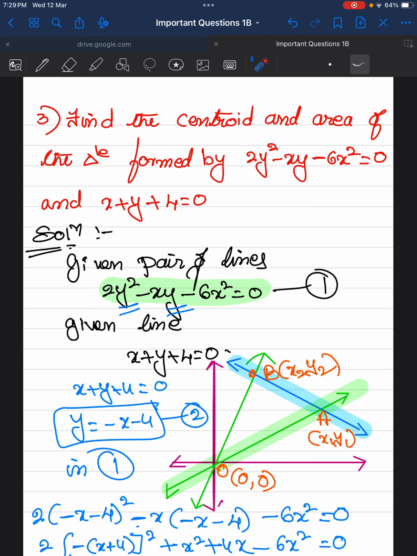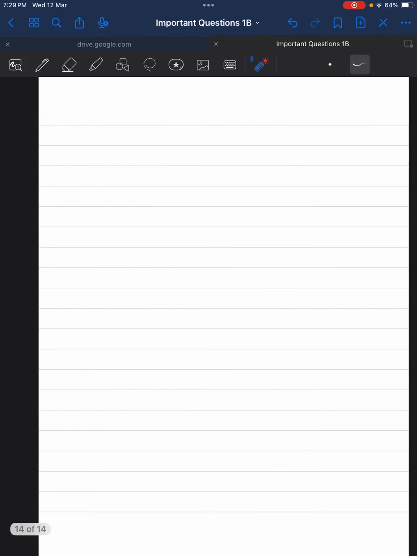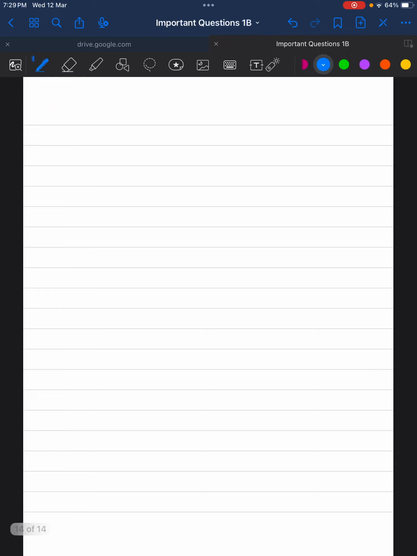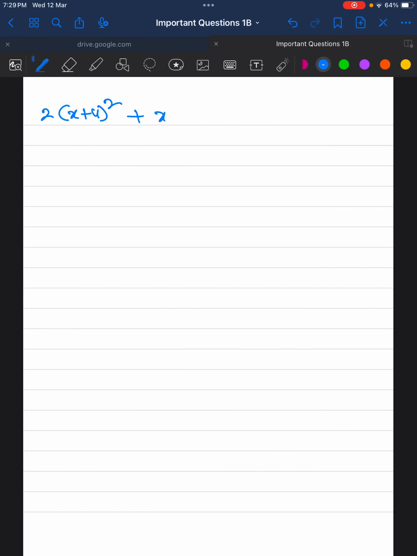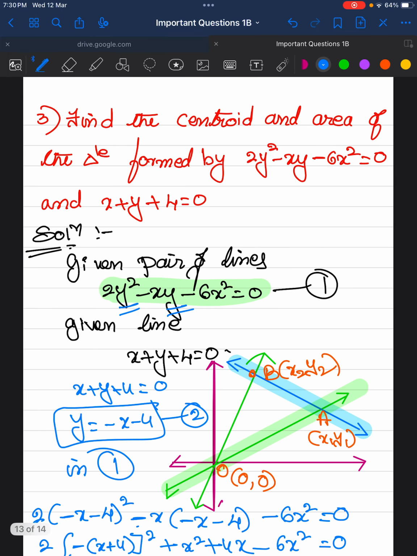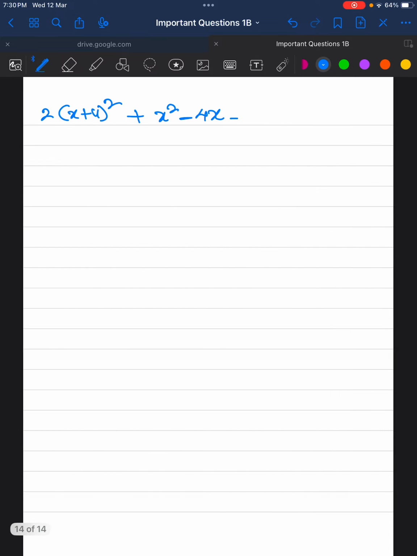This minus square will become positive. 2 times (x plus 4) whole square I can write. Next remaining steps, plus x square plus 4x, minus 6x square is equal to 0.